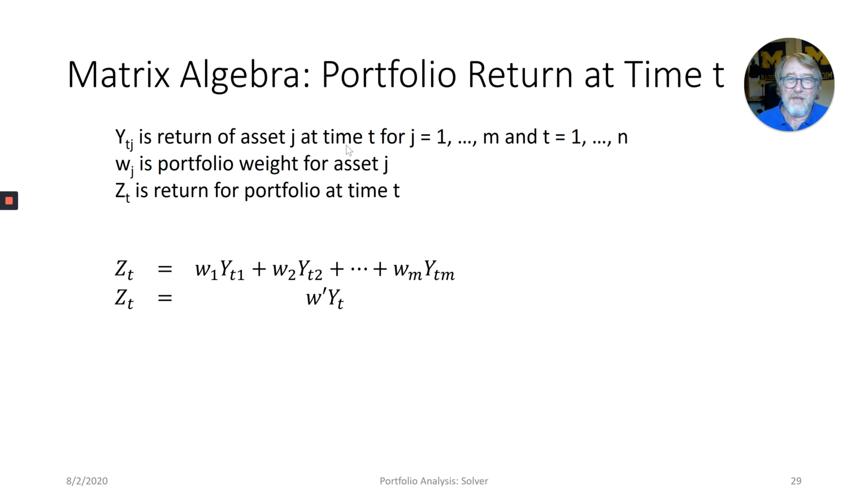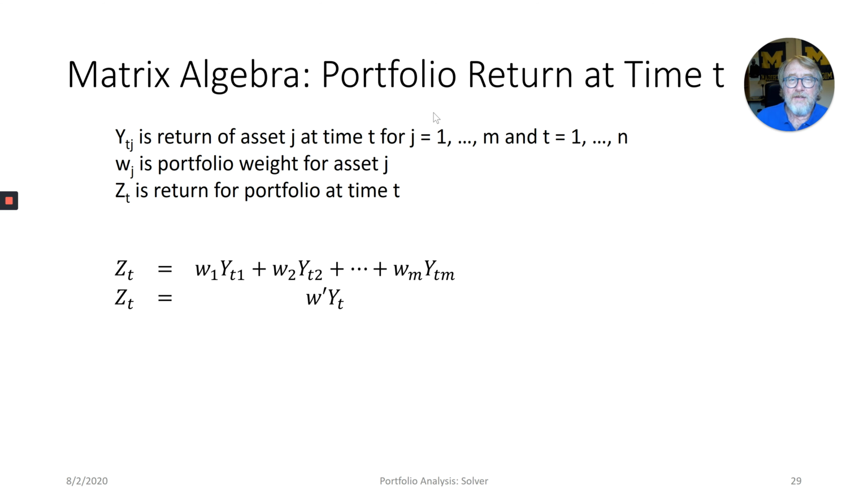Okay. Here's just some matrix algebra. And again, if you know matrix algebra, this is really trivial. If you don't know matrix algebra, you say, I have no idea what you're talking about. One way of thinking about matrix algebra is just bookkeeping. It just makes your algebra simpler.